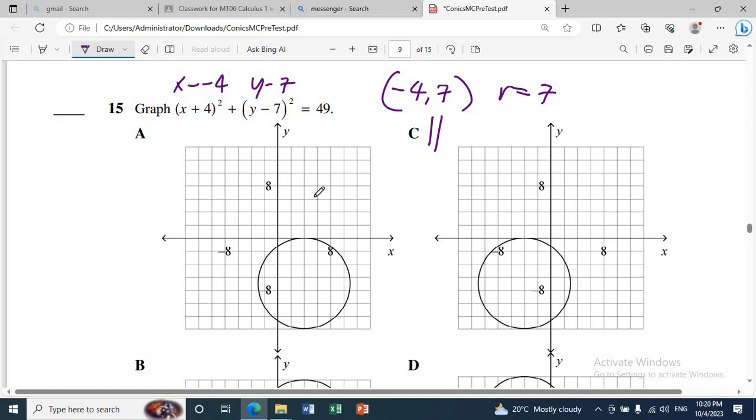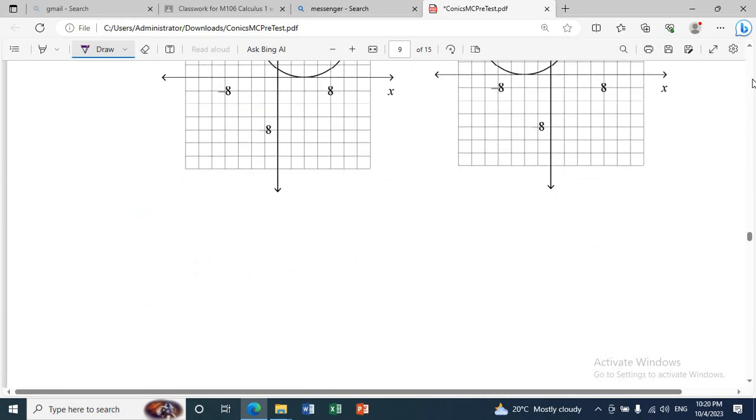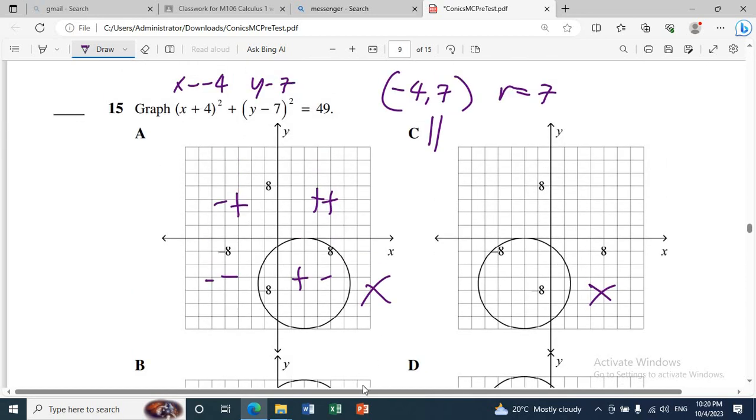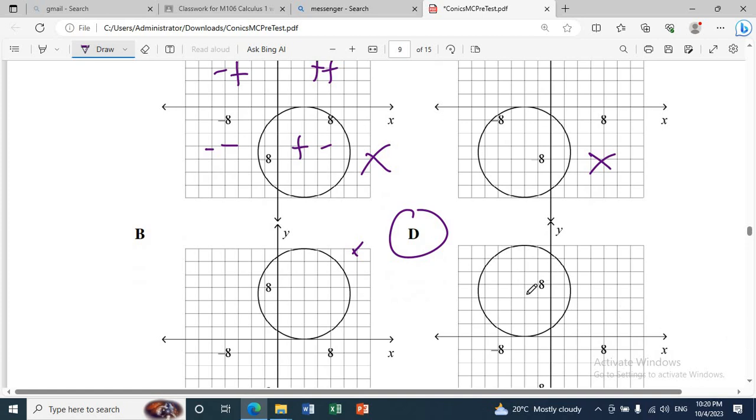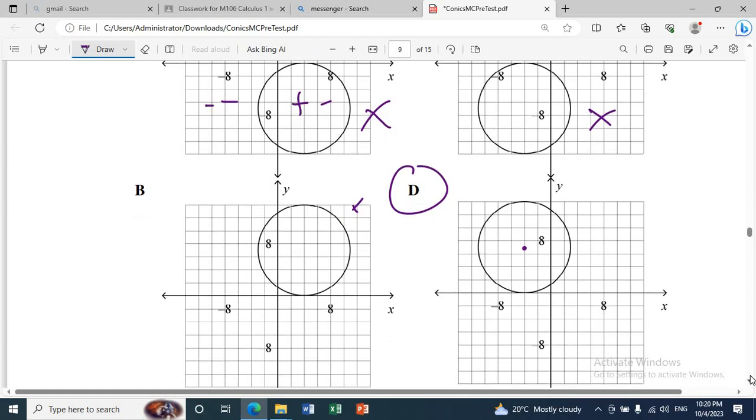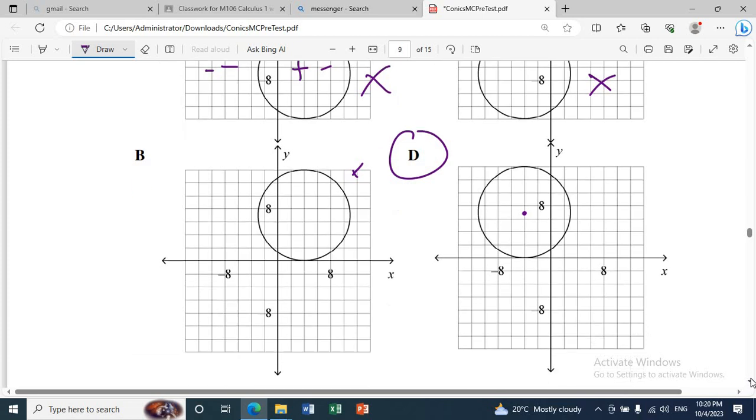Quadrant 1 is positive, positive; quadrant 2 is negative, positive; quadrant 3 is negative, negative; and quadrant 4 is positive, negative. So quadrant 4 is wrong, quadrant 3 is also wrong, quadrant 1 is wrong. We're looking for quadrant 2. So the correct answer is letter D. The center is located at quadrant 2, negative, positive. So this is number 15, letter D.